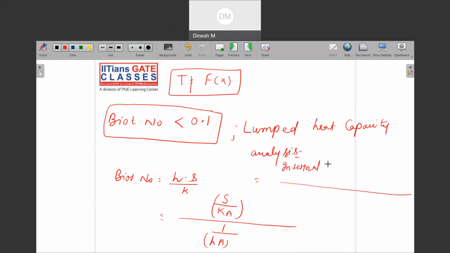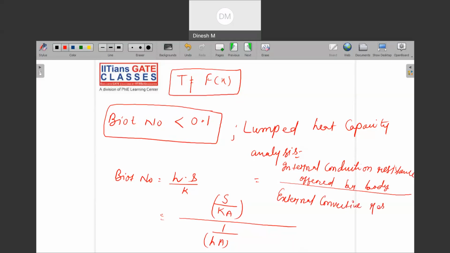So the Biot number is the ratio of internal conduction resistance offered by the body, divided by external convective resistance.